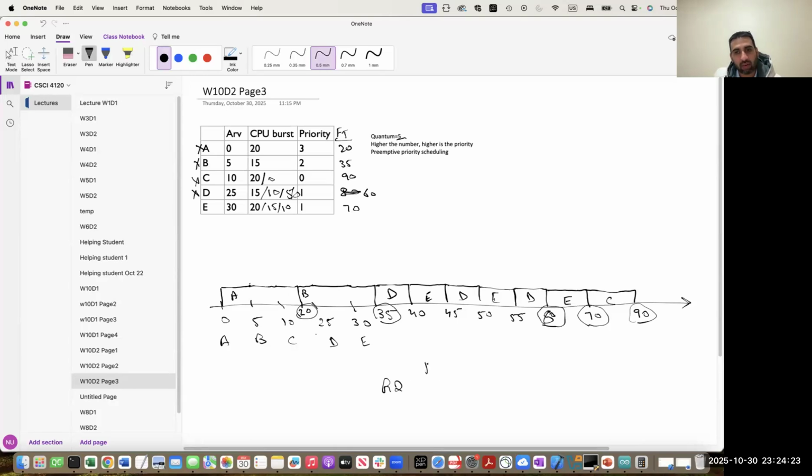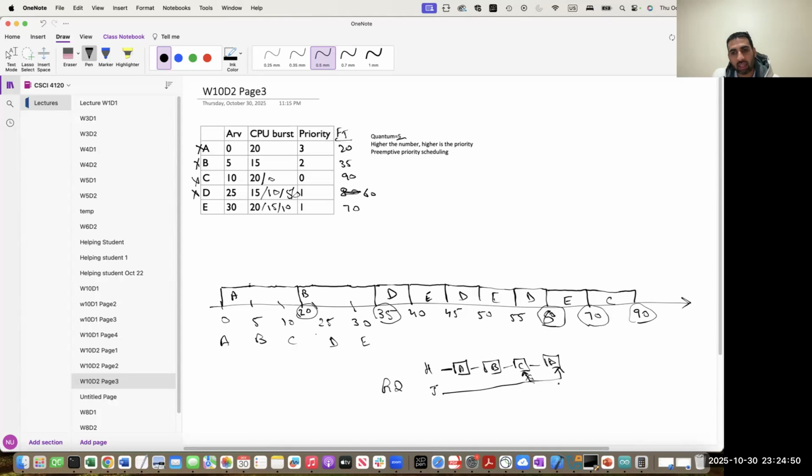Let's say you have a head and a tail. Whenever a process becomes ready, let's say this is the current snapshot: A, B, C, and the tail is pointing toward C, right? When D becomes ready, you will put D at the tail and update the tail pointer, right?